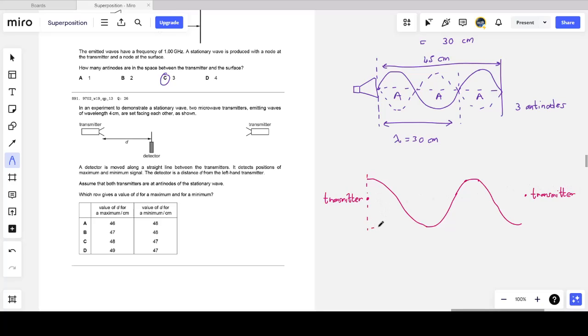Okay, and then I draw the wave that has been completely phase shifted. So what do I actually have here? So this point at the transmitter is d is equal to 0.